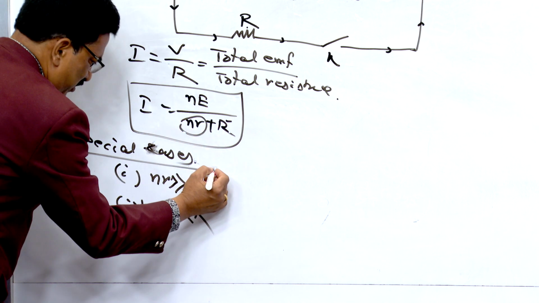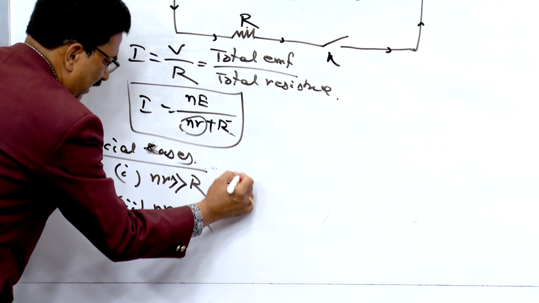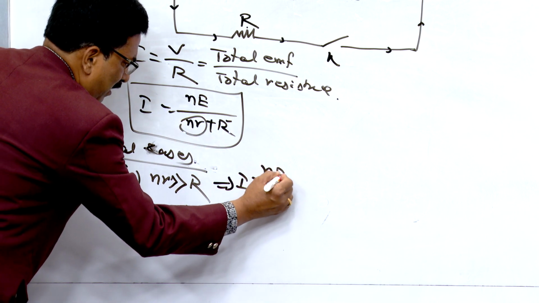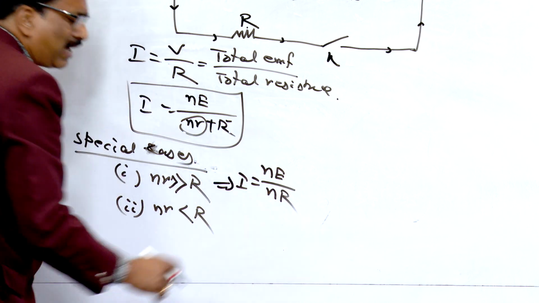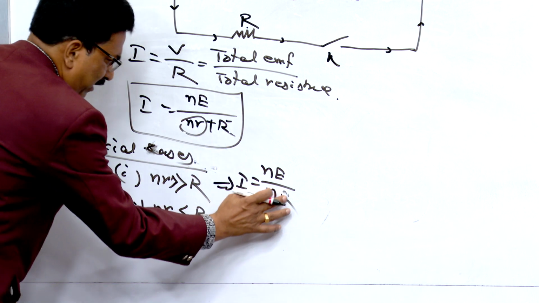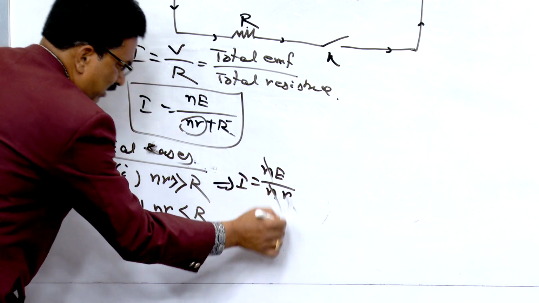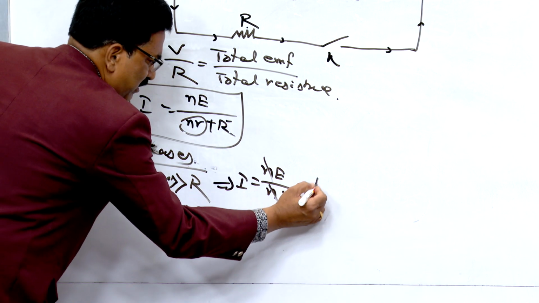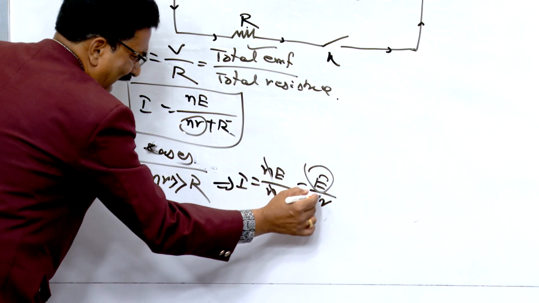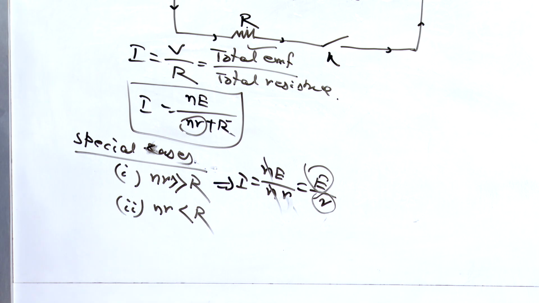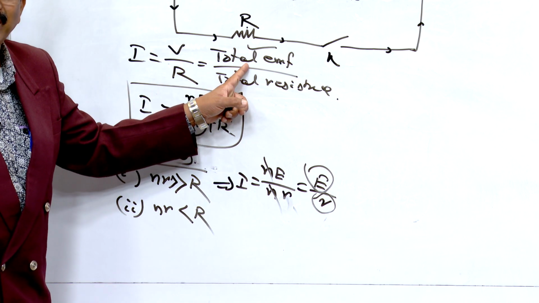So I will be nE divided by nr. Now n is cancelled, so this is equal to E by r. E means the EMF, r means the resistance. Whose resistance? The internal resistance.